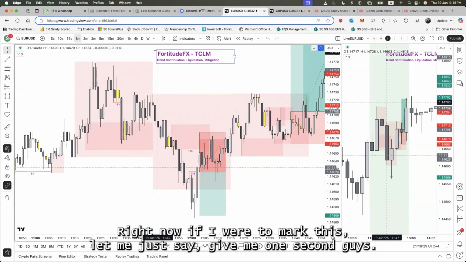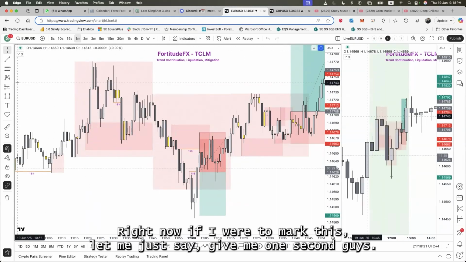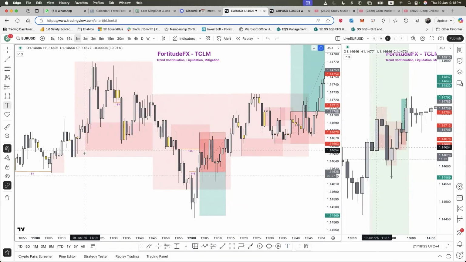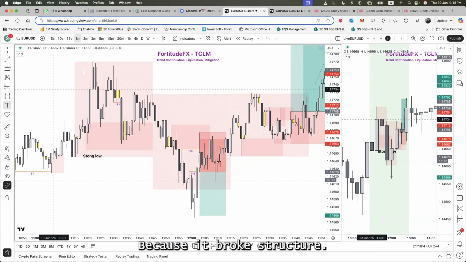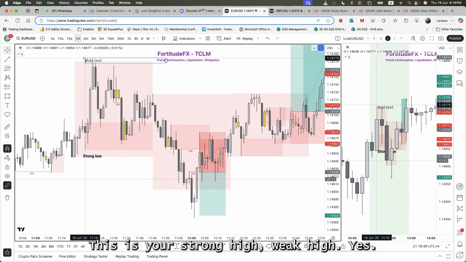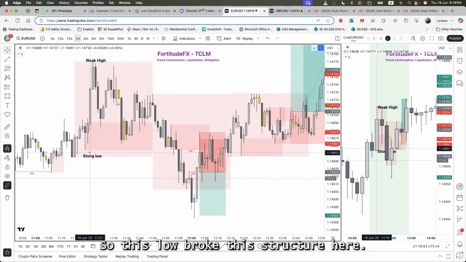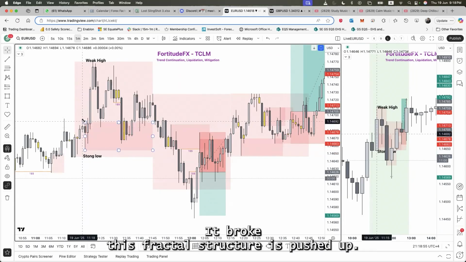Now, if I were to mark this, give me 1 second, guys. So let's say right here, this is your strong low, right? Because it broke structure. This is your strong high, weak high. Yes? So this low broke this fractal structure here and it pushed up, right?